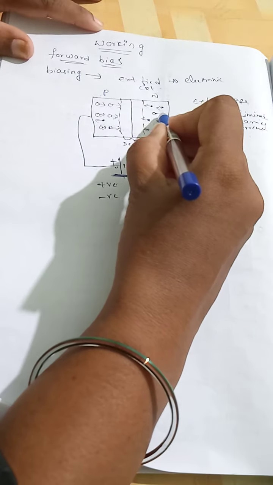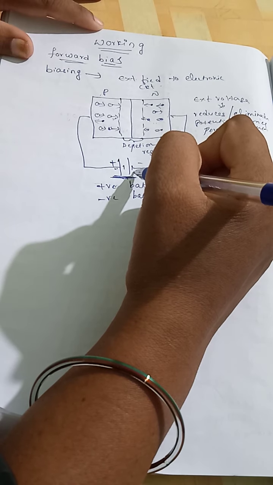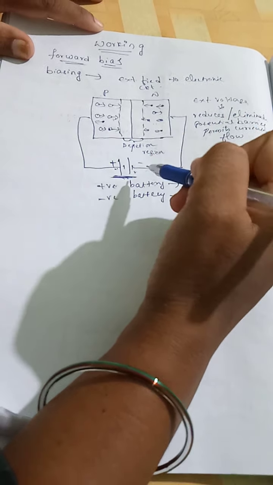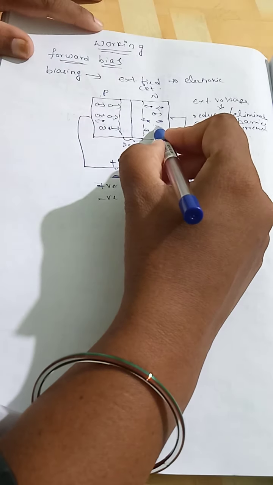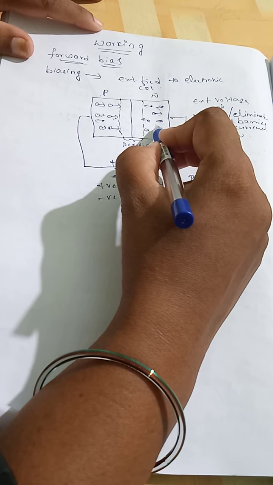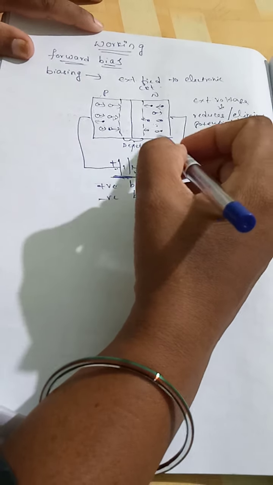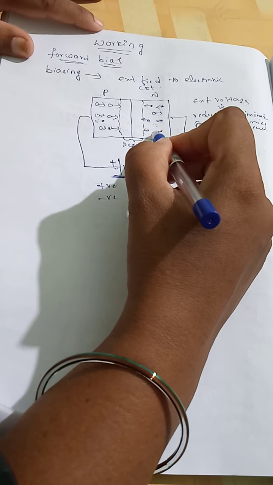As usual, holes travel towards the negative terminal of the battery. Here also, connecting the negative terminal to the N type, which has negatively charged electrons as majority carriers, means giving additional energy to these majority carriers.